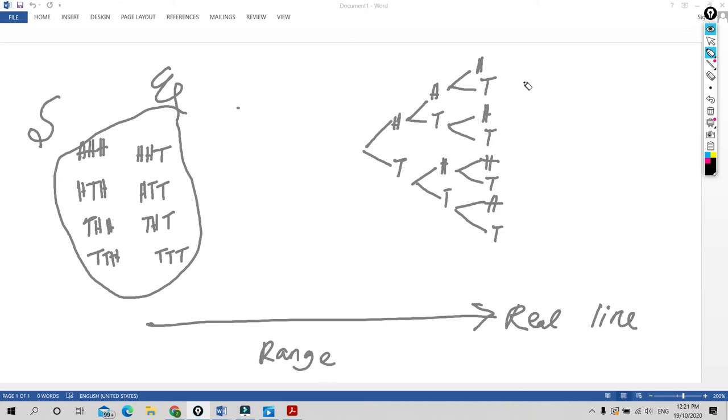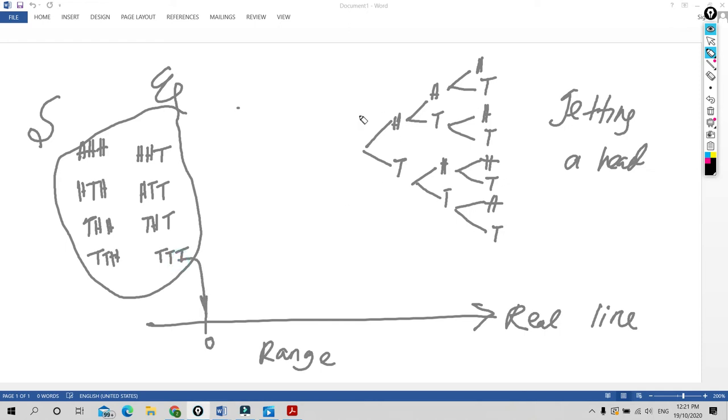We define this experiment as getting a head. The outcome is getting a head. So you have zero head, getting zero head, which refers to this part.